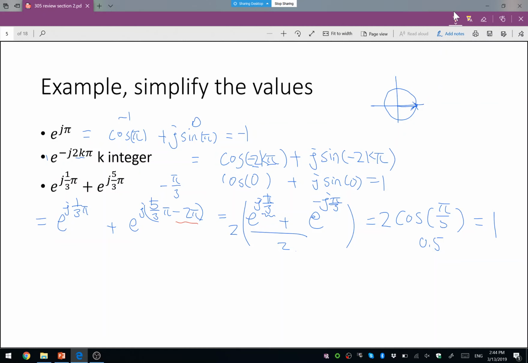Yeah, because I want to make this one somewhat similar to this one. I want to make 5 over 3 somewhat similar to 1 over 3. Because I can get pi over 3 and negative pi over 3, so that fits the formula in Euler's formula. And so you could just subtract any multiple of 2 pi? Yeah, any multiple of 2 pi.